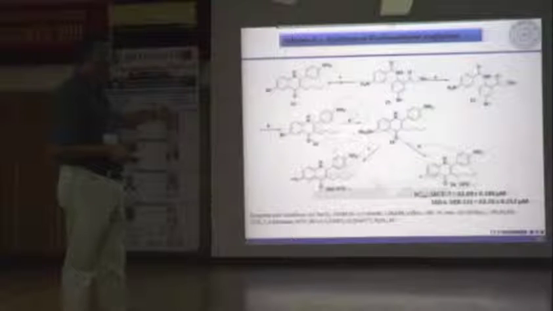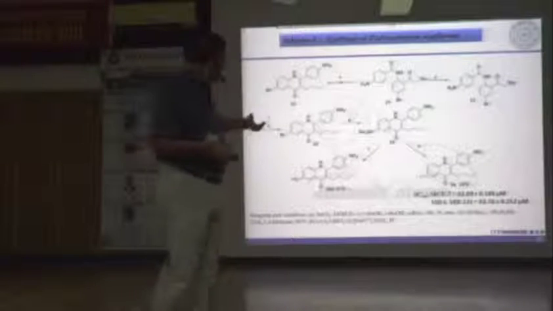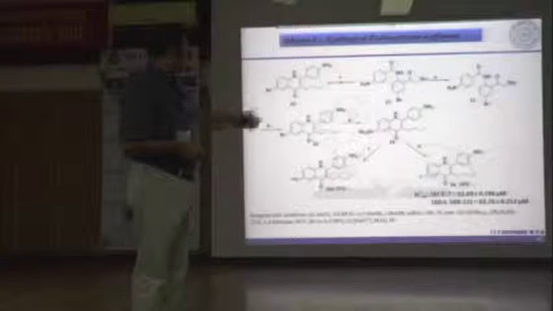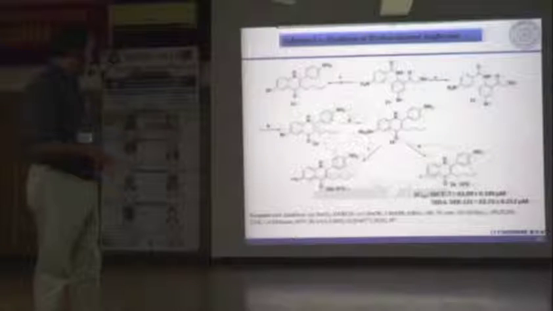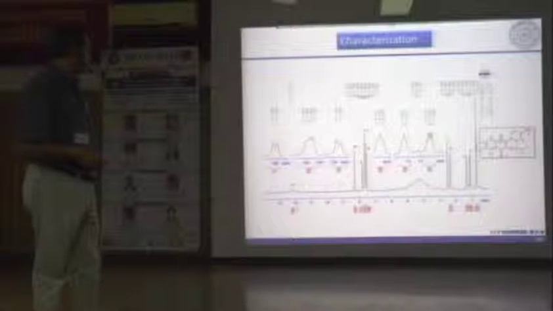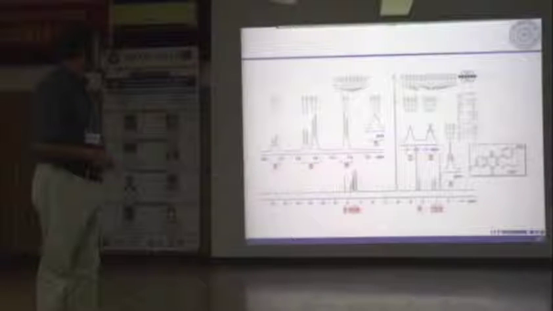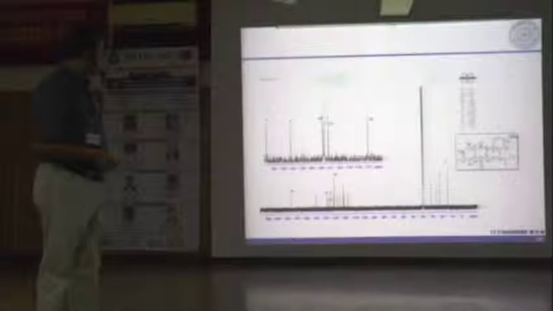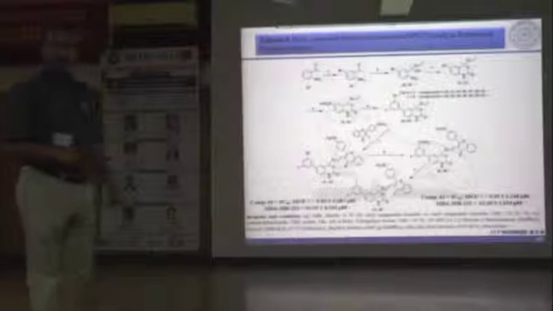Similarly, we got the image from the molecular imaging division of BARC, and here I have not put the image of that ID25 labeled compound. But anyway, this is again the characterization related to this derivative. These all are one class of compounds, flavone and aza-flavone compounds.